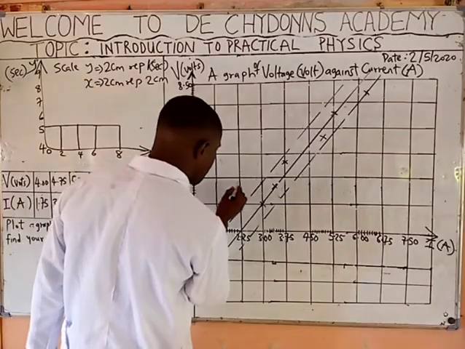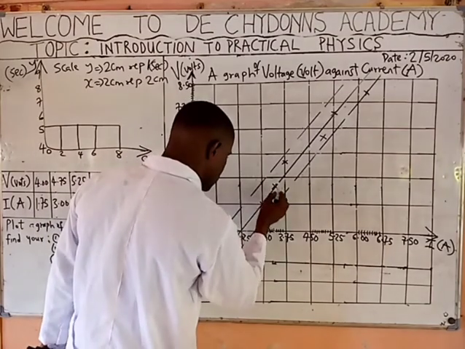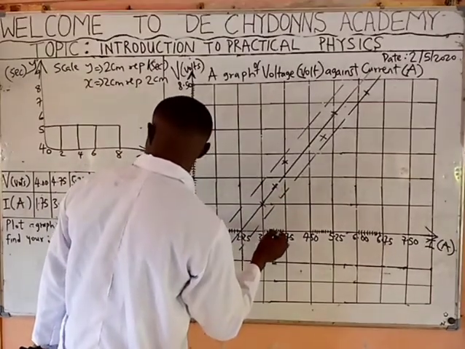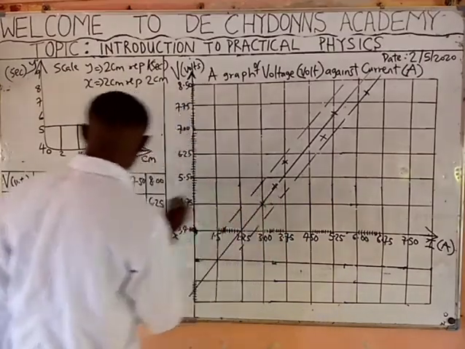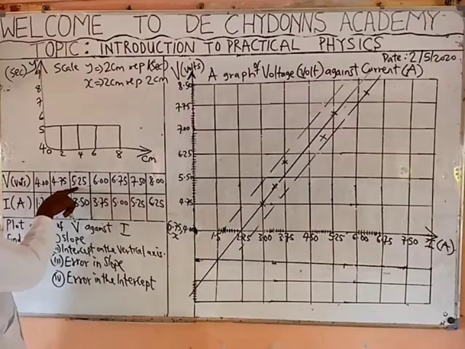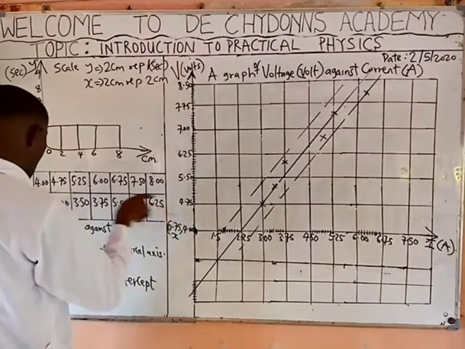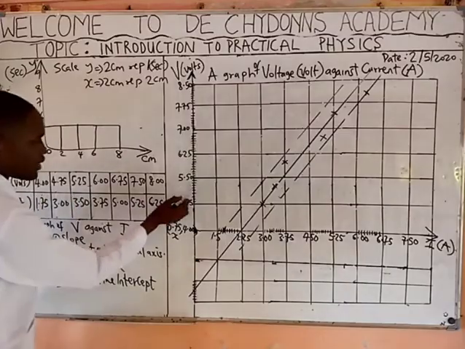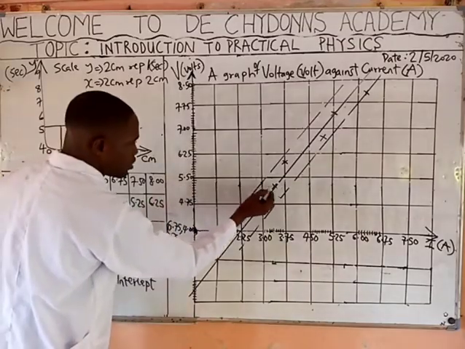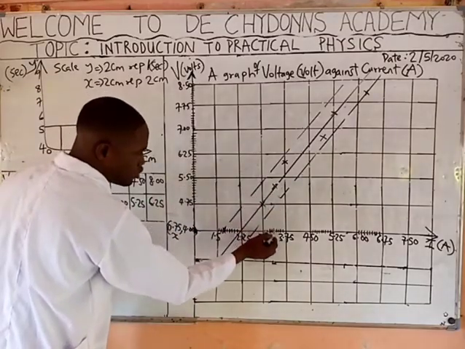I will go to 3.5. So 3.5 will be around here. I put my point. 5.25 against 3.5. 5.25 around here. 3.5 around here. You put.